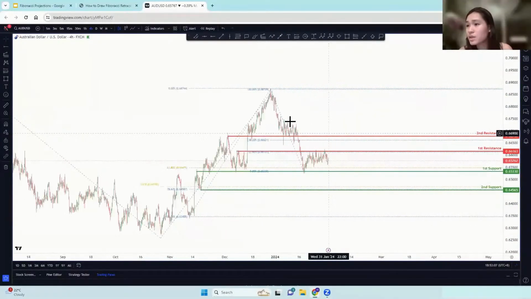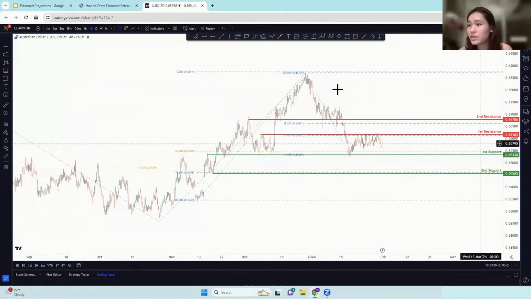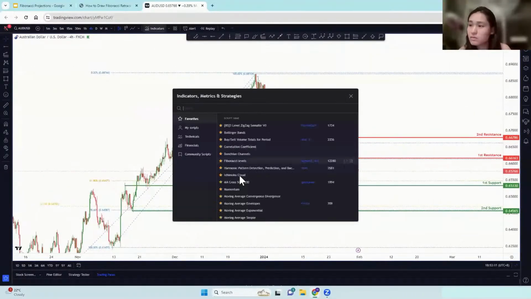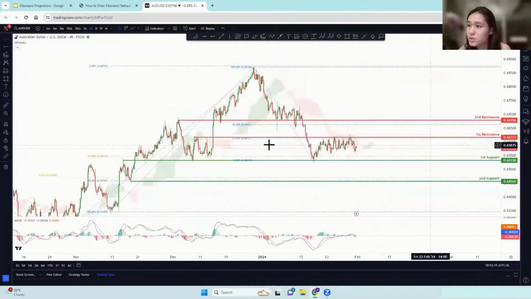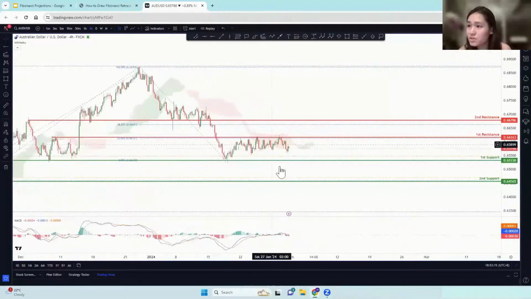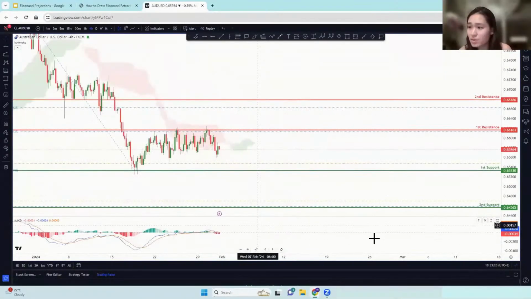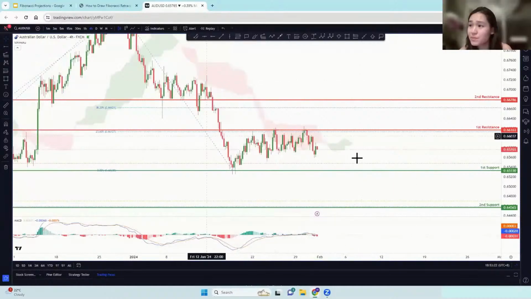Okay, now let's look at our indicators. So price is moving below the Ichimoku cloud, so it's giving us a bearish signal. MACD is also giving us a bearish signal.